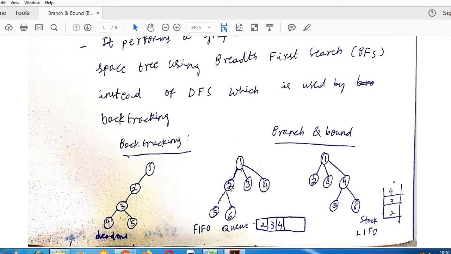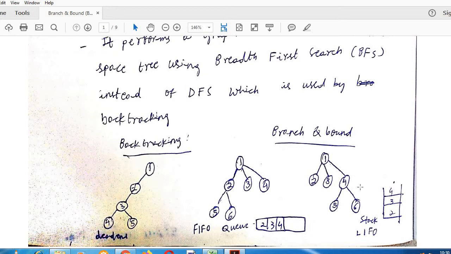First I will traverse node 2, which is added to the queue, then node 3, which is added to the queue, then node 4, which is added to the queue. Next I will traverse node 5 and node 6, which are associated with node 2. I will be adding these node 5 and node 6 after node 4. So as I told, the FIFO branch and bound algorithm will be implemented using queues.